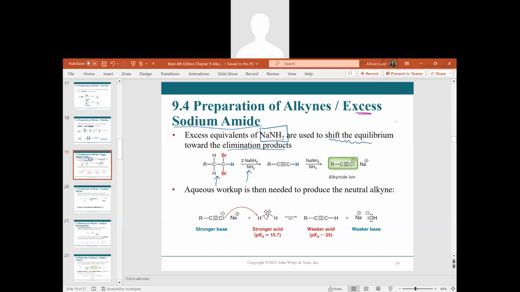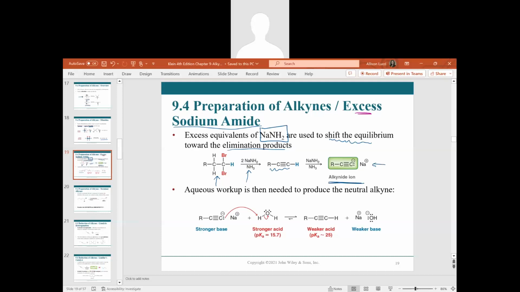So first two eliminations occur, and we get this alkyne here. But this shift in equilibrium is driving the process, so it's hard to stop sometimes. So we usually end up with this alkynide ion at the end and sodium counter ions. So Na plus is our counter ion here.